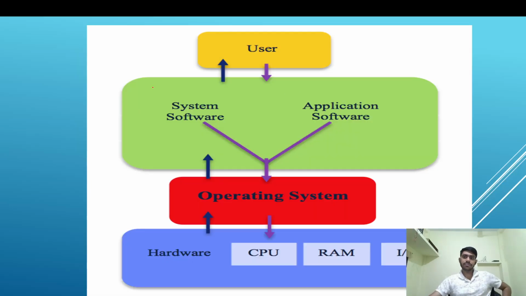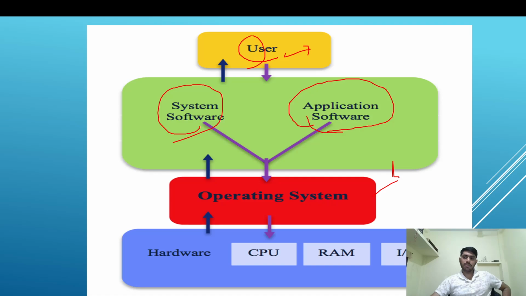You can see here, this is the user using application software and system software. Then the operating system, and the hardware: CPU, RAM, and IO.